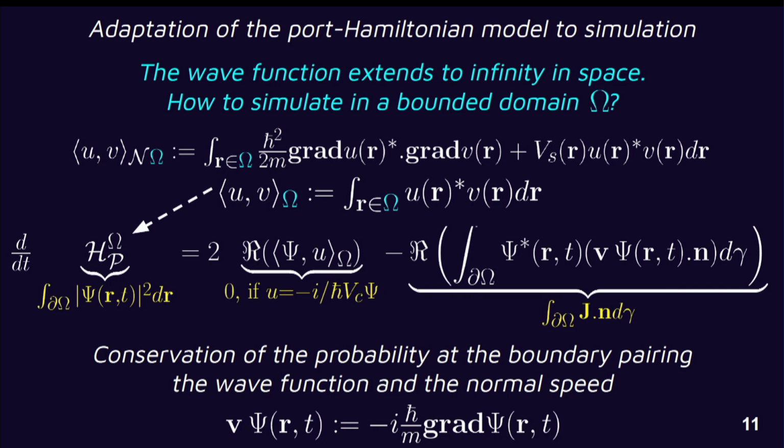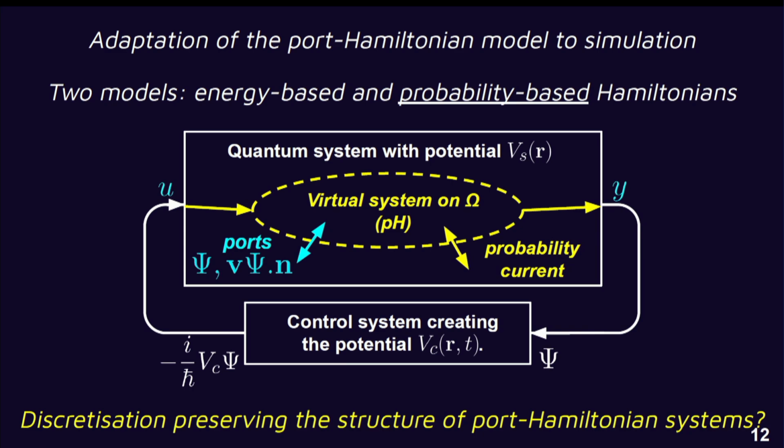And using that, you also have in the Hamiltonian balance the current of probability, which appears and that we can interpret as the pairing between the wave function at the boundary and the normal speed. So we have two new ports at the boundary. To sum up a little bit, we model our quantum system as a port-Hamiltonian system of stationary potential, but with a state feedback to recover the Schrödinger equation with the control.